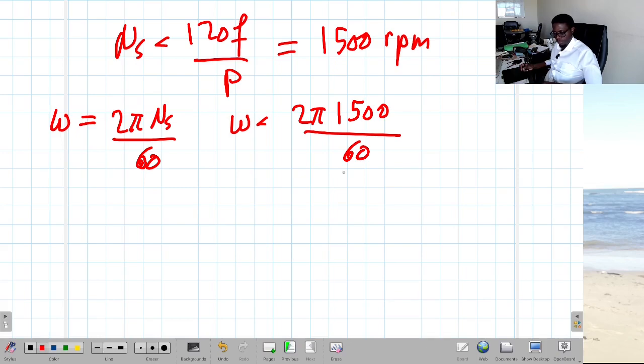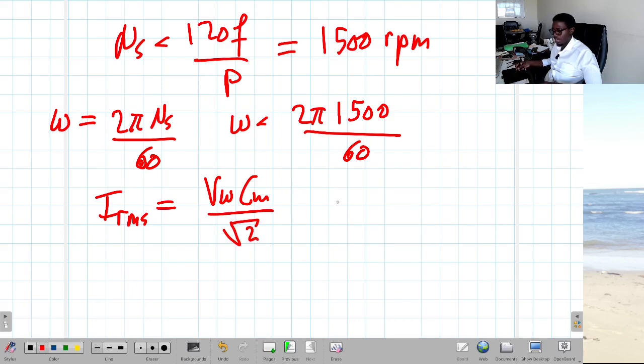So therefore, when we come to the question that we are dealing with, we are saying for us to determine the capacitance value, we are coming from IRMS equal to V omega Cm over root 2.